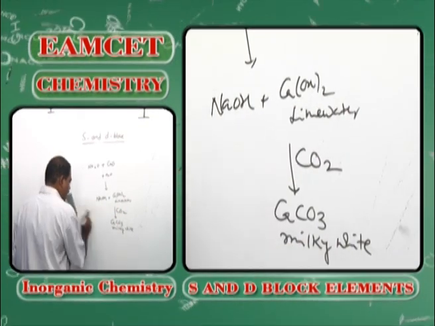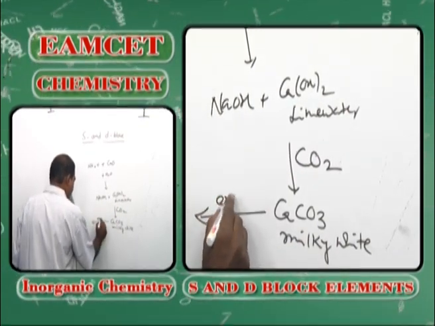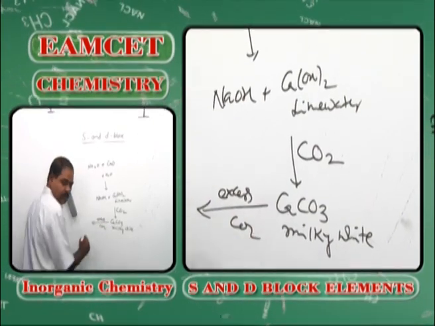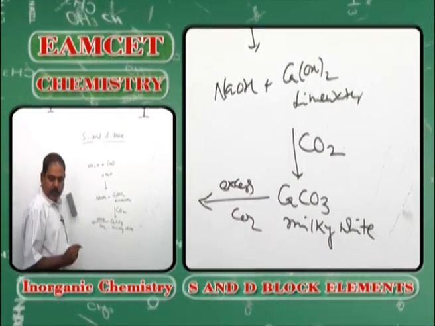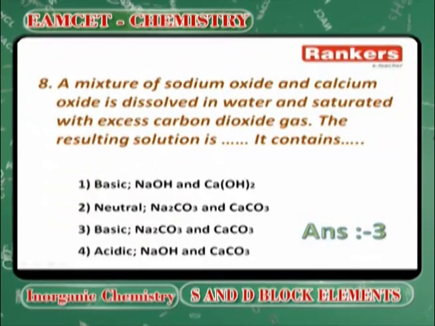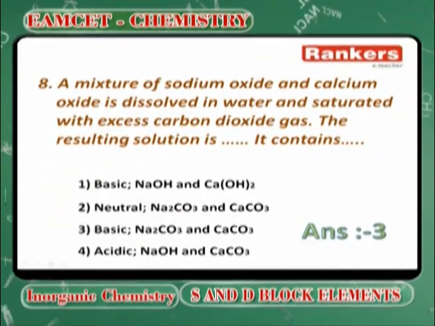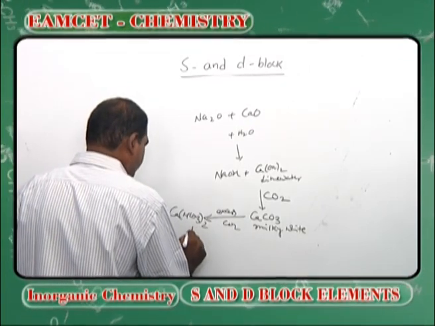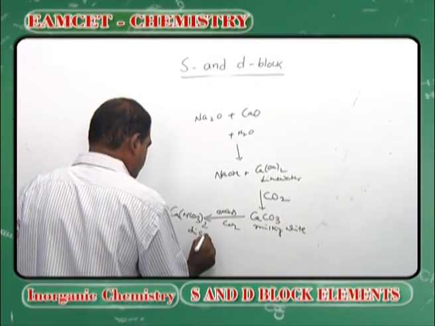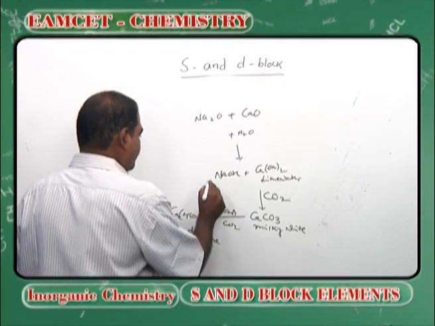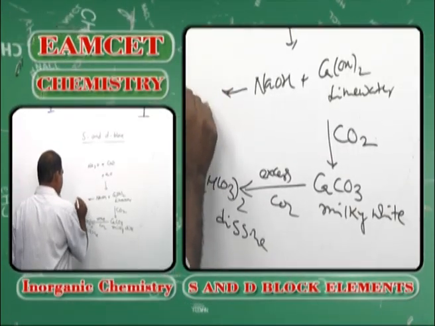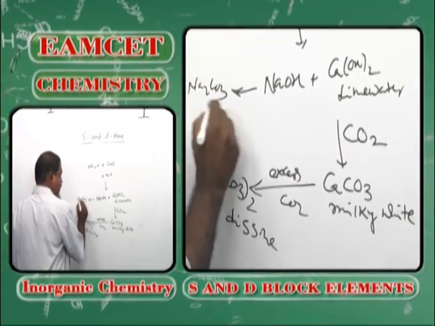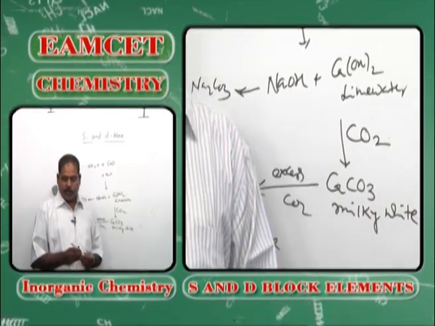But when you send excess carbon dioxide, what happens? It will be calcium bicarbonate. It will be dissolved once again. The milky whiteness goes. And what happens to sodium hydroxide? It becomes sodium carbonate. What happens to the solution?